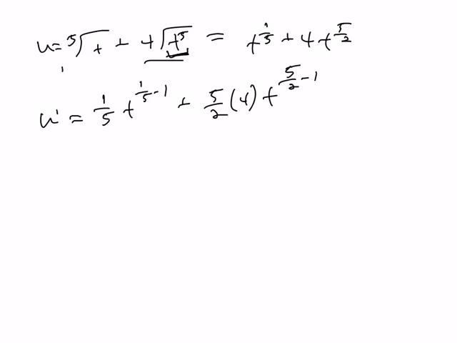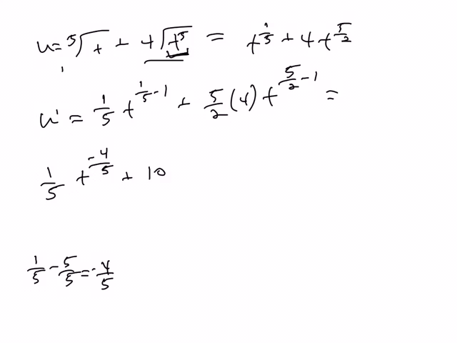So let's figure out what this is. This is going to equal 1/5 t to the 1/5 minus 5/5, which is equal to negative 4/5. So this is negative 4/5 plus 5, 4 and 2 cancel.